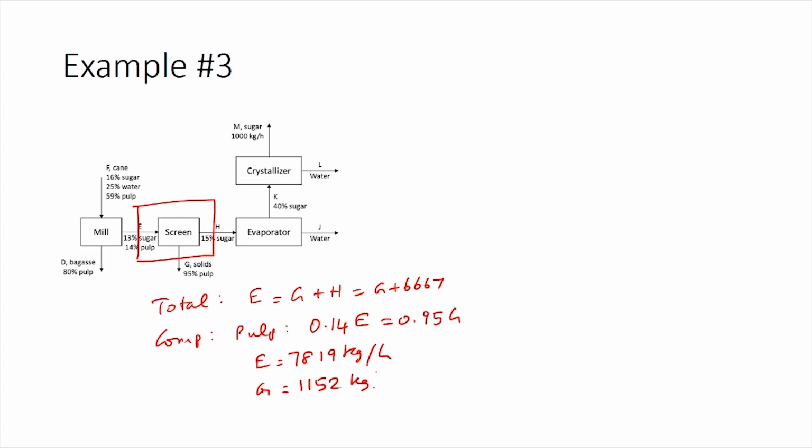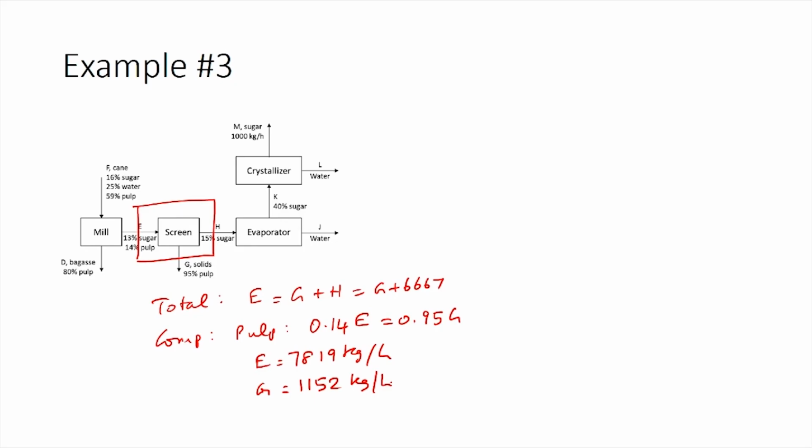Now that we have the mass flow rates, we are not done, because we need to know the composition of the solid stream G which is leaving the system. Unlike the other streams which we looked at till now, this particular stream has sugar, water and pulp together. Why do we say that?